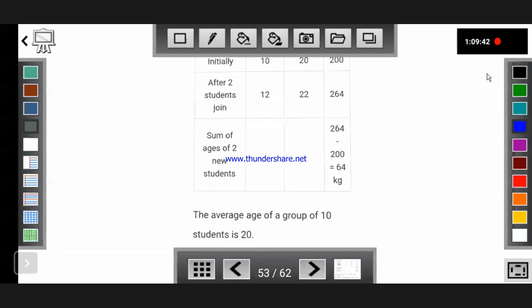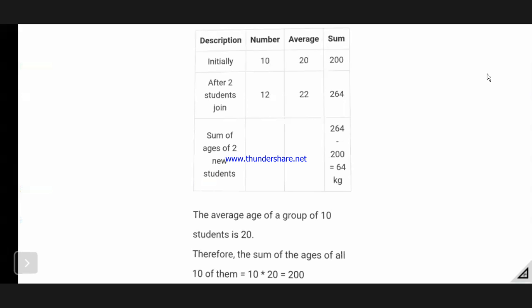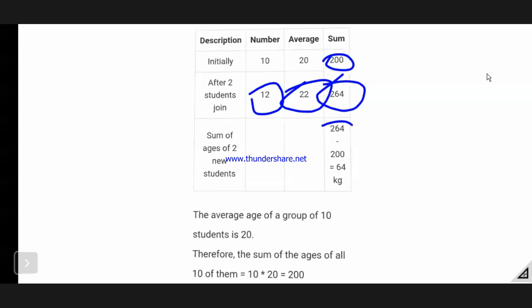Let me explain. Initially, there are 10 students. Their average is 20. So the sum is 10 into 20, that is 200. After 2 students joined, the number is 12. Their average is 22. So the sum is 264. By subtracting 200 from 264, we got 64 as the sum of the 2 ages of the new students.